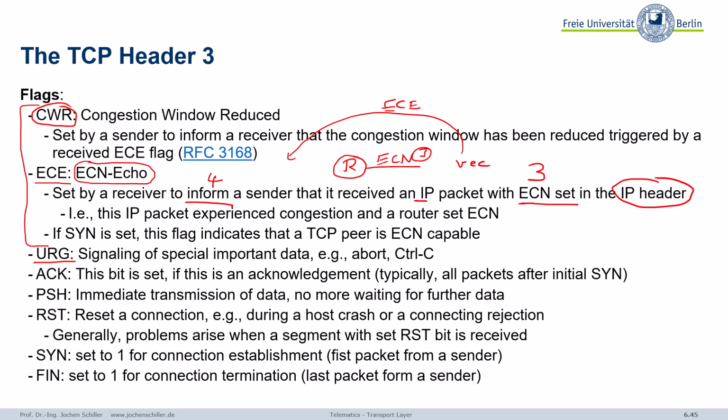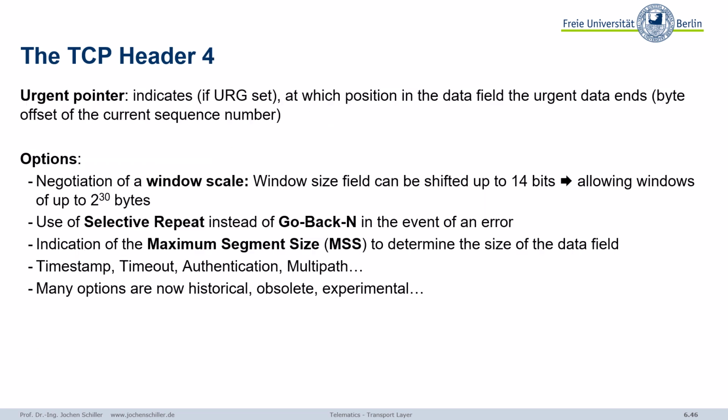So the TCP packet expresses using special bits the meaning of a packet. I will come back when I explain the functions to these individual bits. What else do we have in the header? We have an urgent pointer. If the urgent flag is set, then it says where in the data field is special urgent data, with a certain offset.